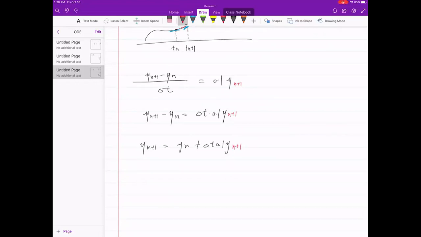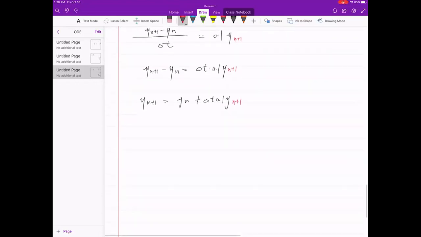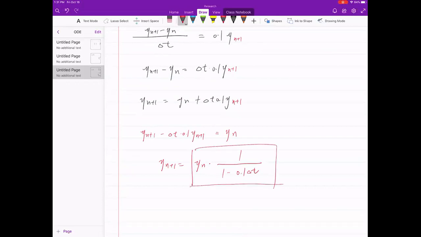Which means you're not done unless you go ahead and try to solve for y(n+1). Now it becomes explicit, but that is after you solve everything for y(n+1).